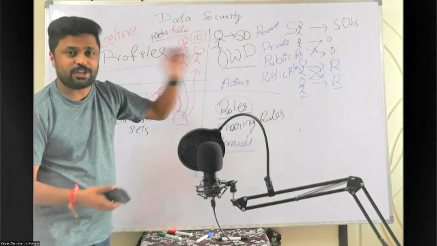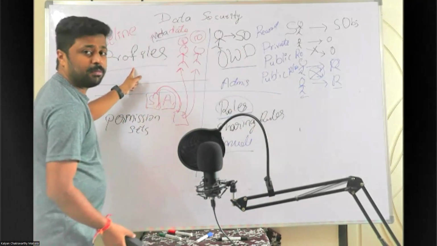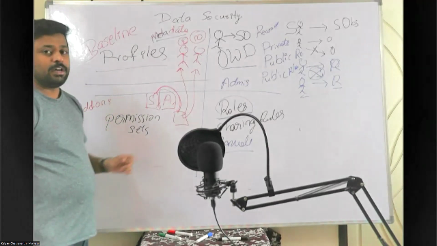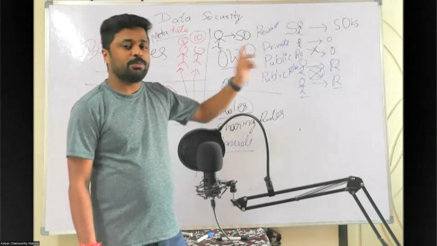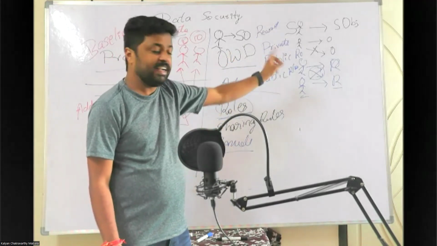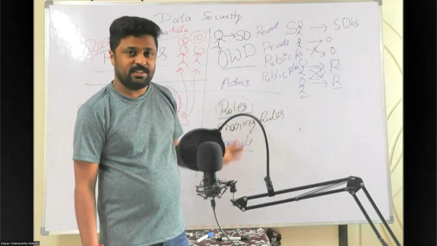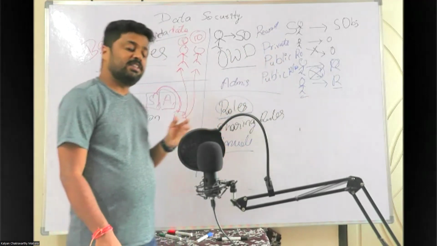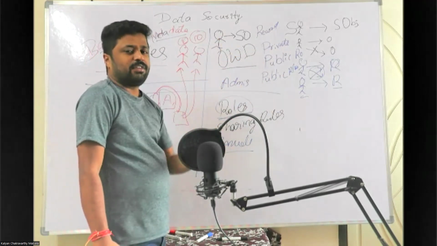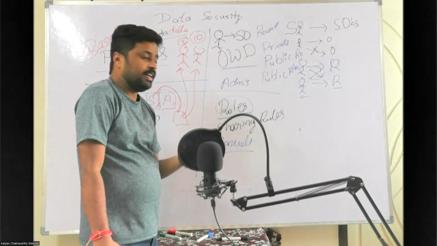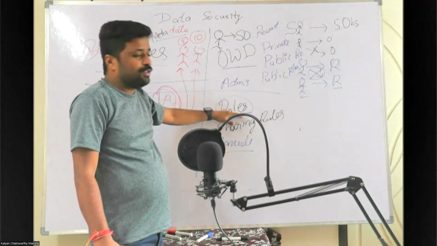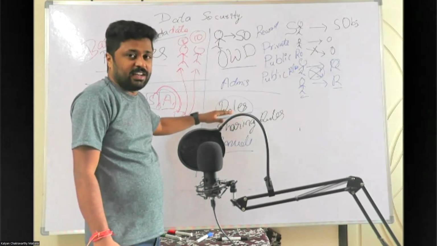Once a user has entered your organization, you have to keep in mind to give the profiles, and to give the permission set if you need an add-on. Again, when it comes to objects, each object should definitely have one organization-wide default setting, either private, public read only, or public read write, depending upon the nature of the objects. Then, if you need to give an object's records to a particular user, you can set the role hierarchies.